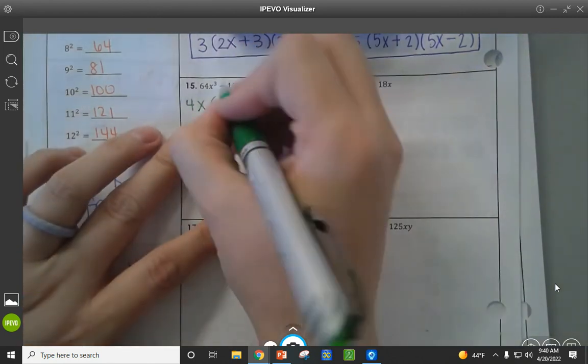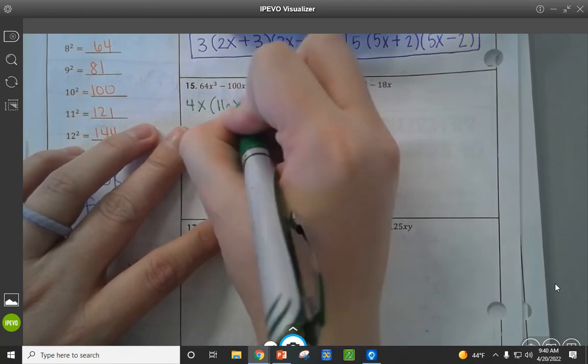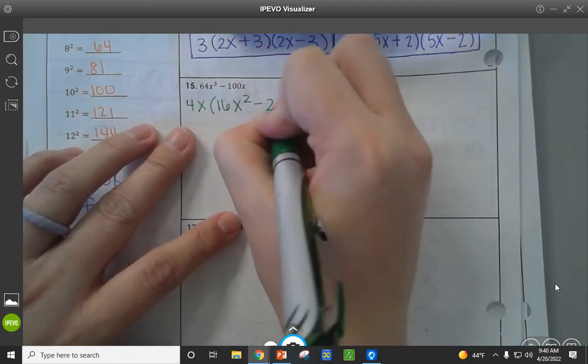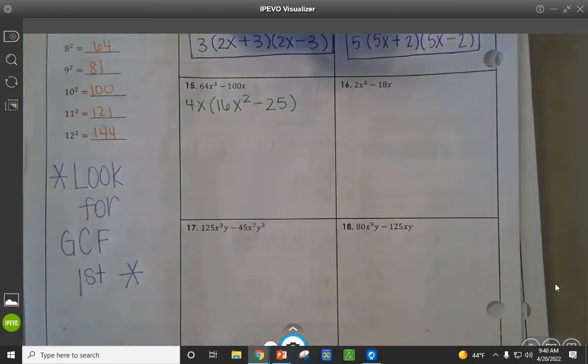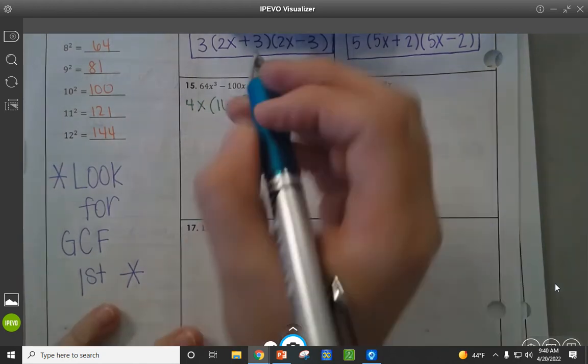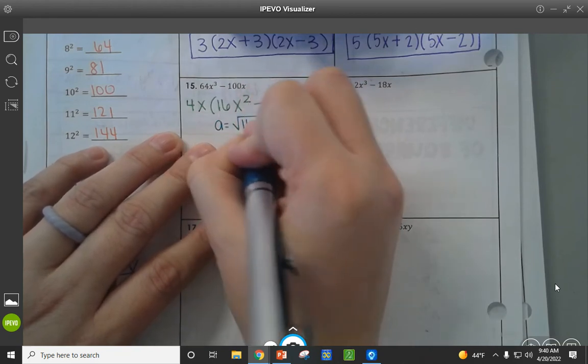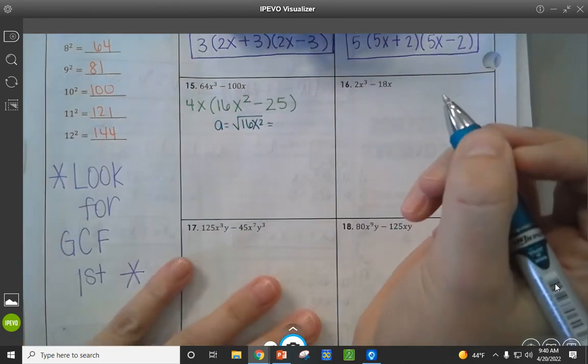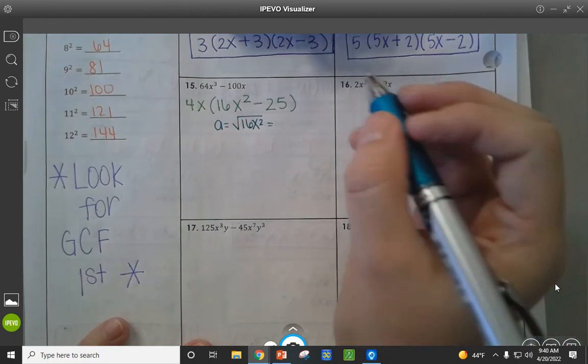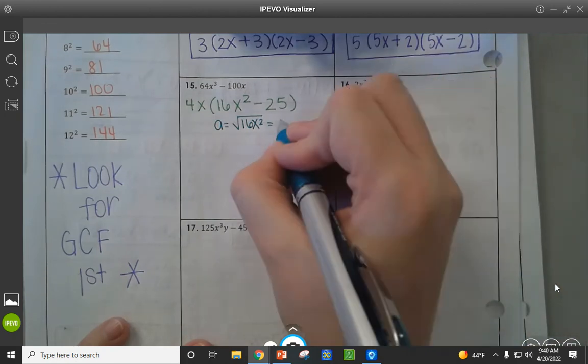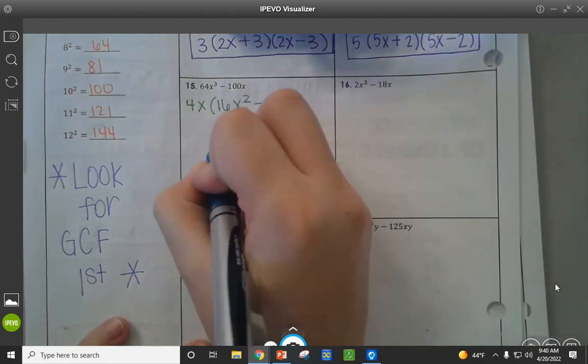And so this leaves 16x squared minus 25. So A is the square root of 16x squared, which is 4x.